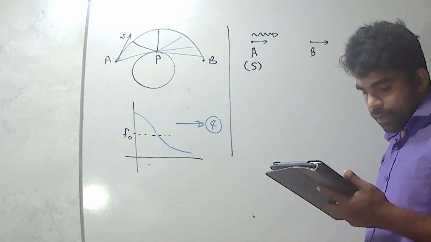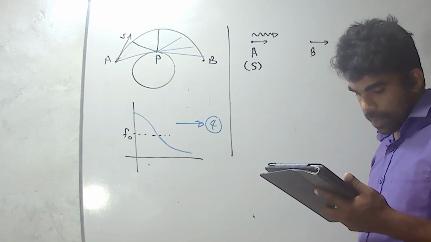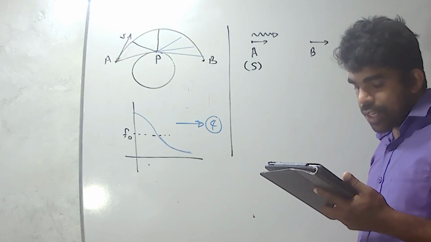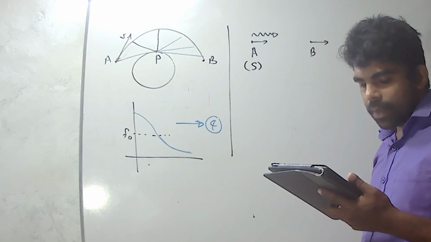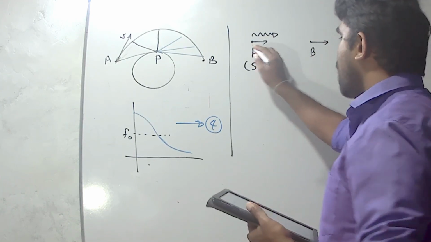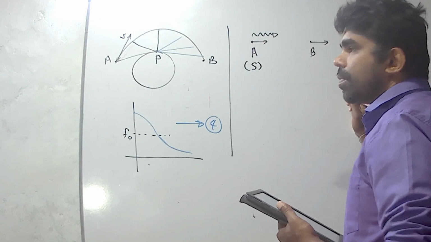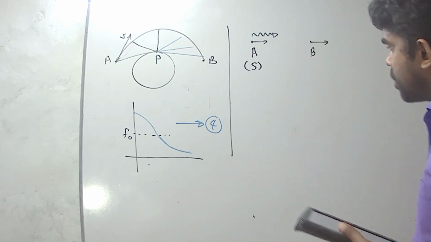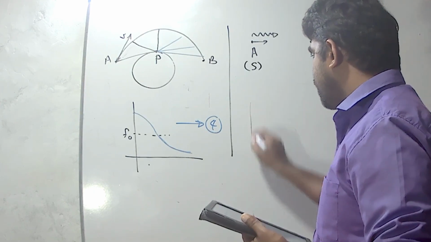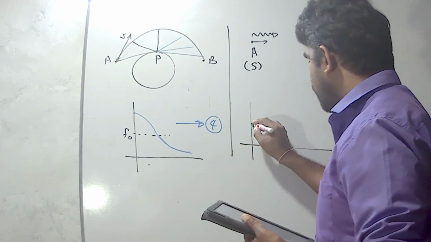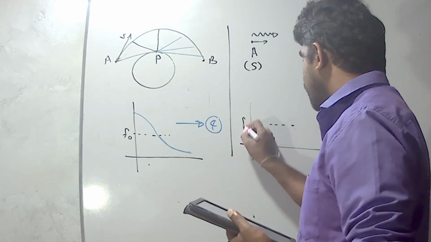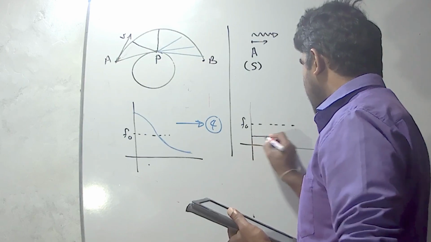And they have given initially the car B is moving faster than A. It means the gap between two cars is increasing with time. Therefore, apparent frequency should be a frequency less than real frequency, a less than value.